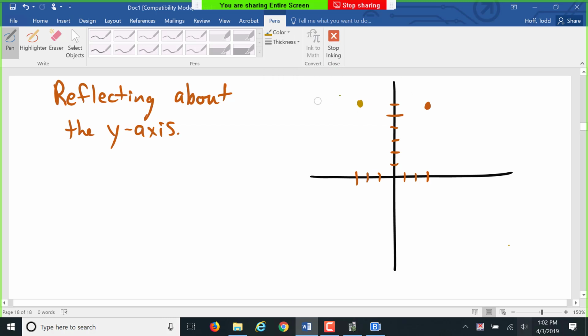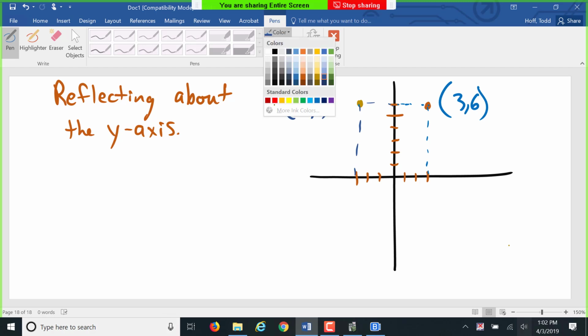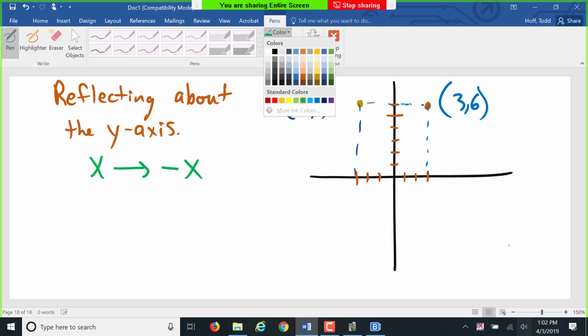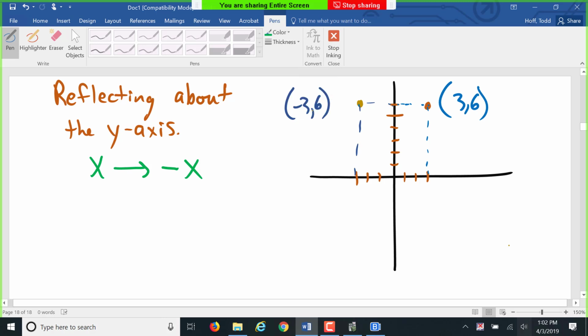So if this point here, what would be the coordinate of this point? Three, 6. And how about the coordinate of this point, the reflection? Negative 3, 6. What changed about the coordinate? Yeah, x. X became negative x. So to reflect around the y-axis, we actually multiply the x by negative 1.